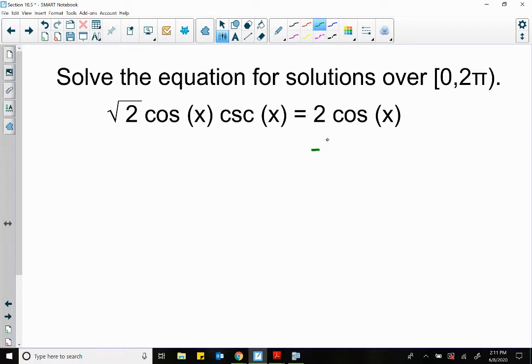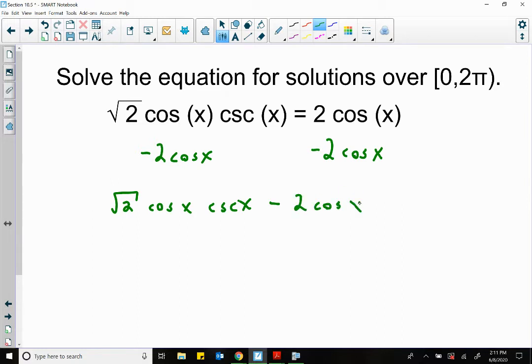So I'm going to take this 2 cosine x and subtract it to the other side. Minus 2 cosine x. What I have now is the square root of 2 cosine x cosecant x minus 2 cosine x equal to 0.